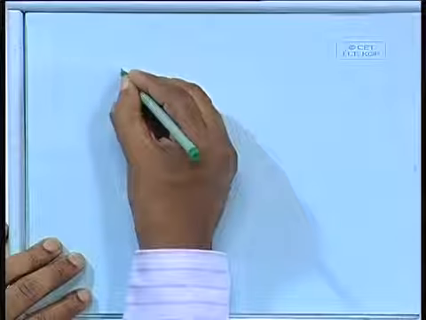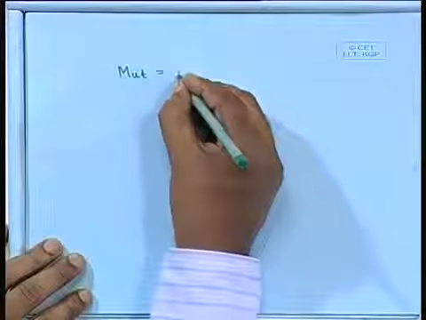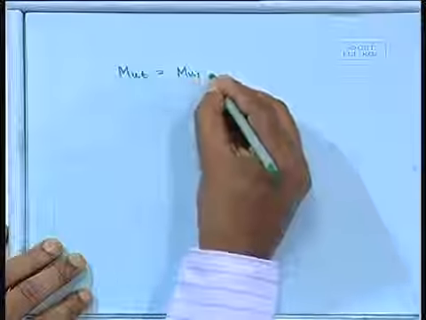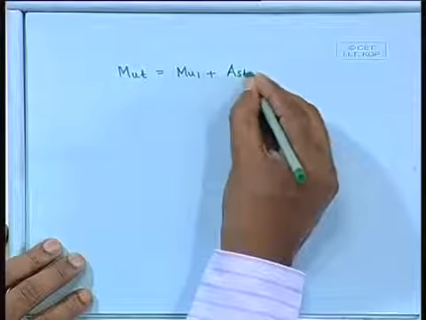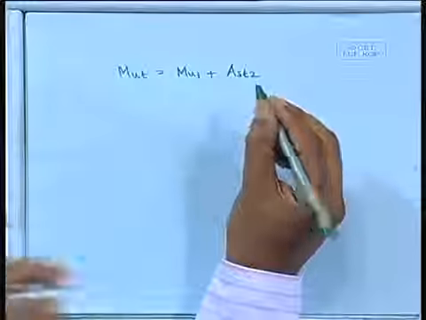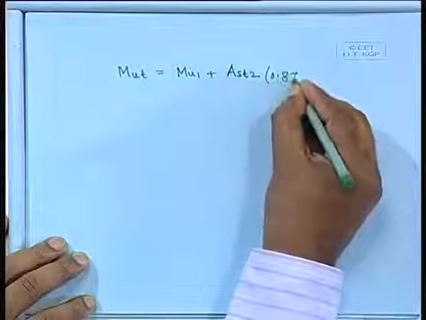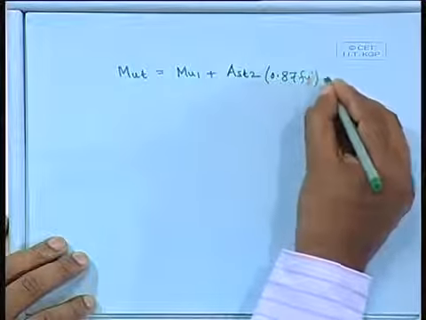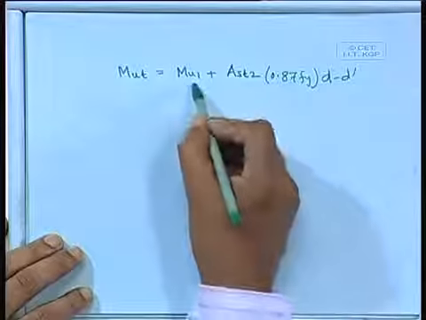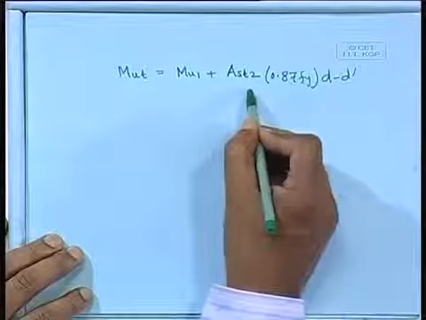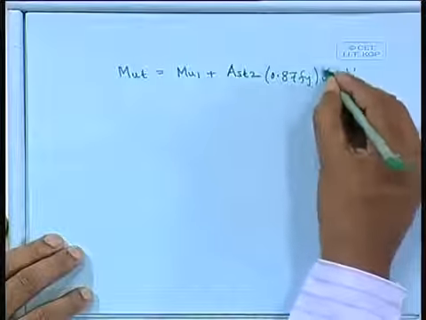MUT, we have already done MUC, so MUT will be equal to MU1 plus AST2, the remaining portion, times 0.87 Fy d minus d dash.